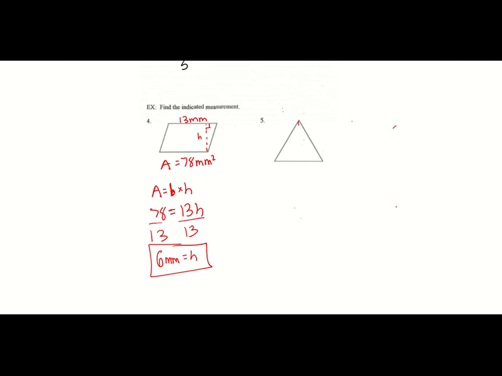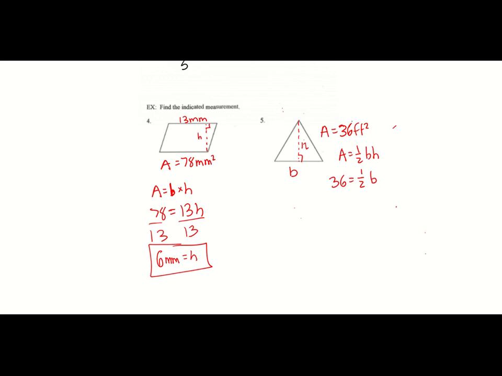Okay, last one here. We are given that this is 12. We don't know our base, but we know the area is 36 feet squared. So if area is 1/2 base times height, 36 equals 1/2.